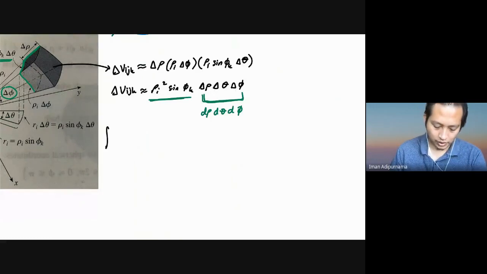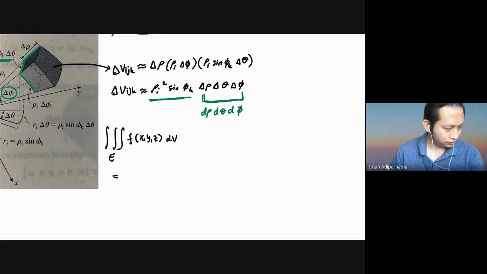Okay, so we can write the triple integral for spherical coordinates. So let me write completely f.